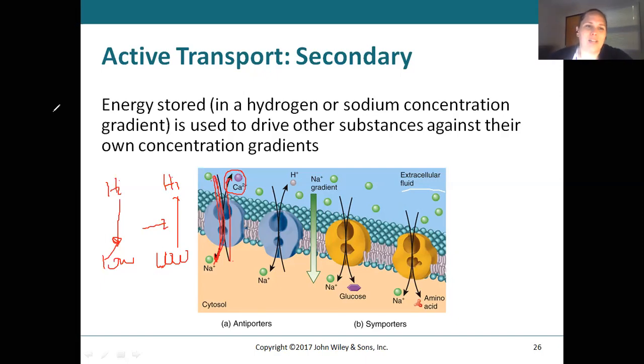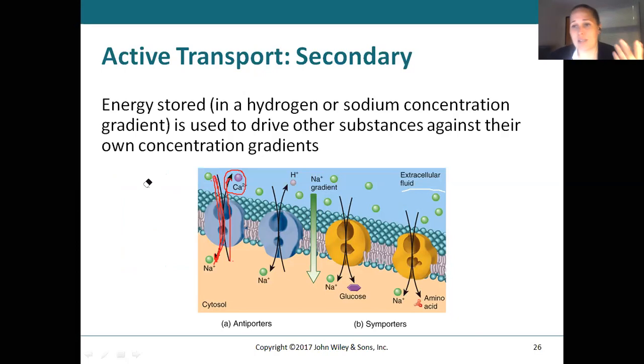So it basically hijacks that concentration gradient that sodium uses to move itself, to move calcium from an area of low to high concentration. And it's important that the cell keep the concentration of calcium very low inside the cell, because it's a signaling molecule. Specifically, when we talk about muscle function, you'll recognize how important calcium is. And so that's an example of why this transporter is important in the larger picture.